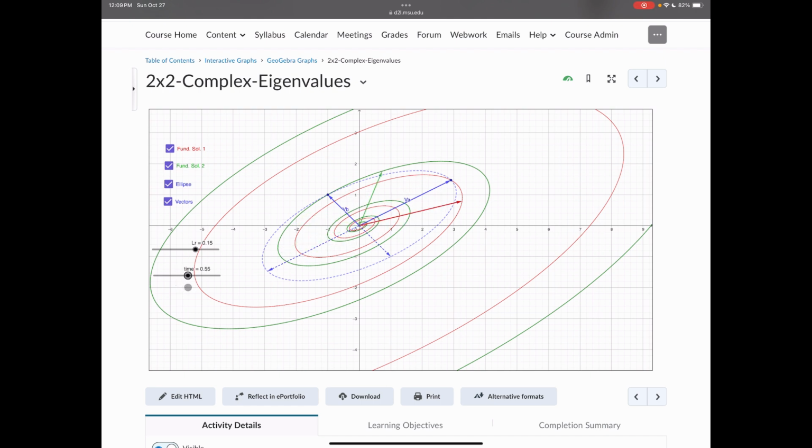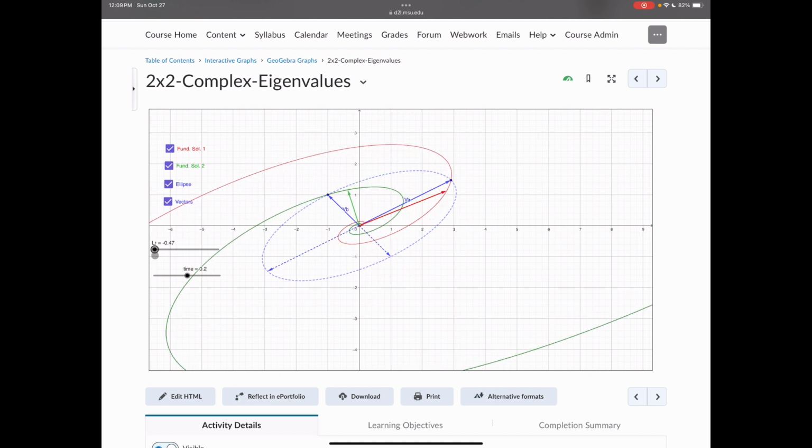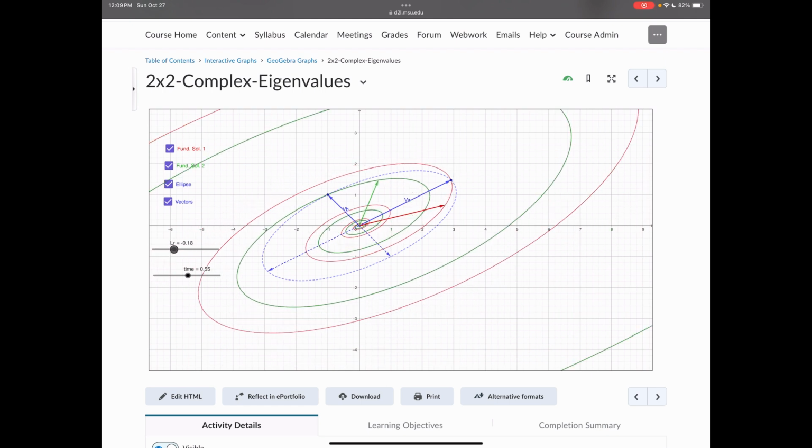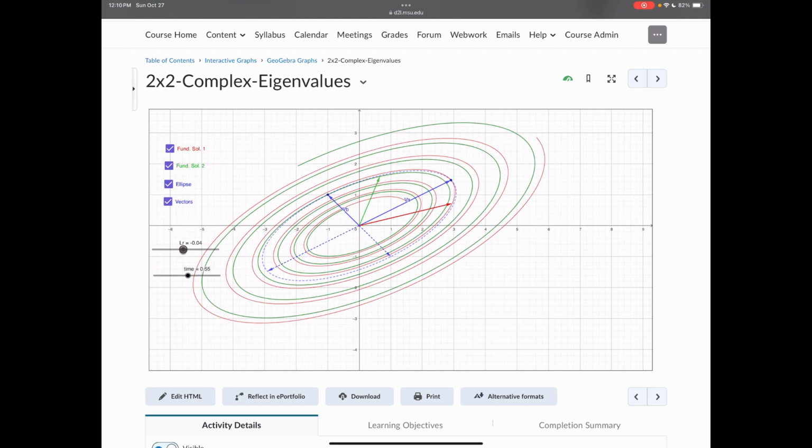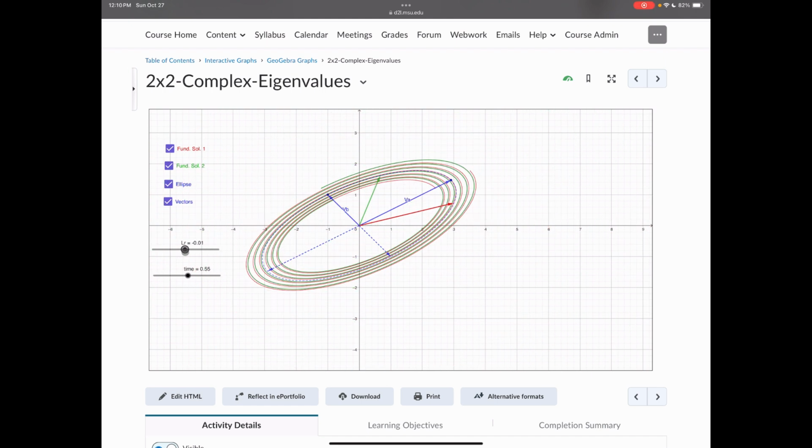So that's that. And for alpha positive, for alpha negative, the same behavior, both go towards the origin, but one is always a little bit behind the other fundamental solution. And when alpha is 0, both spin in the ellipse, one behind the other, a little bit.